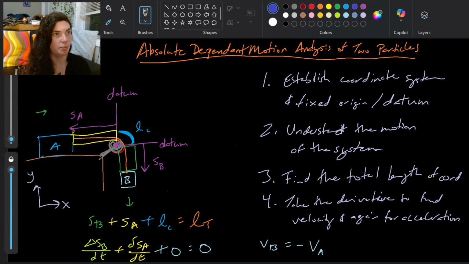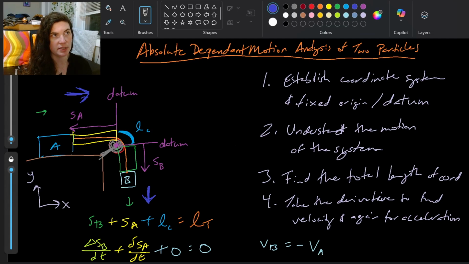Because I can see that if B is moving downwards, which we said is our positive direction, SB is positive coming down from the datum to B. Our SA positive is to the left. We can see that SA is moving to the right if B is moving down, so it's going back towards the datum.